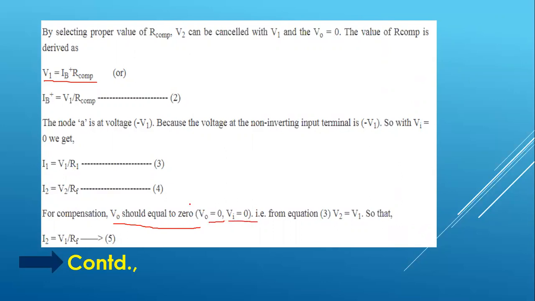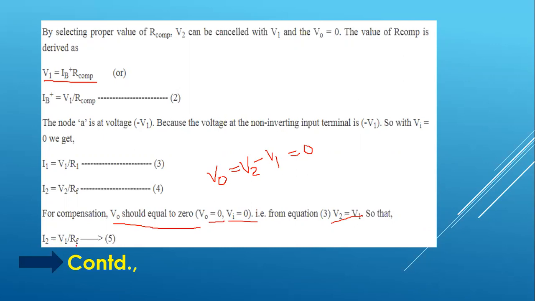Since V0 is equal to 0, as we have the previous condition V0 equal to V2 minus V1, this will be equal to 0.